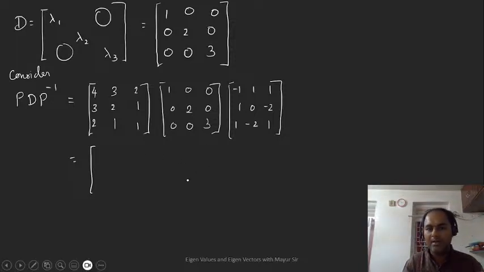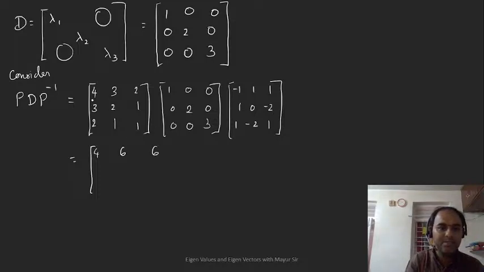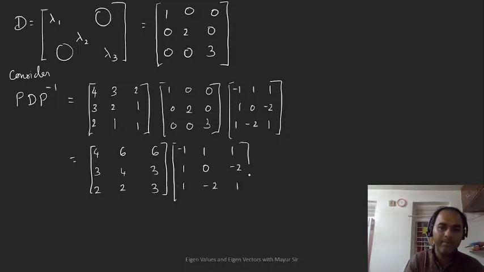Okay, let's do that quickly. So here this is 4, here this is going to be 6, here this is again 6, here it is 3, here it is 4, then here it is going to be 3, then there is 2, then again 2, and then 3. Do this multiplication: minus 1 1 1, 1 0 minus 2, 1 minus 2 1.